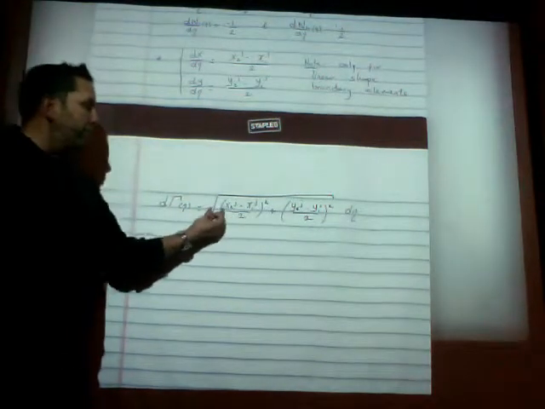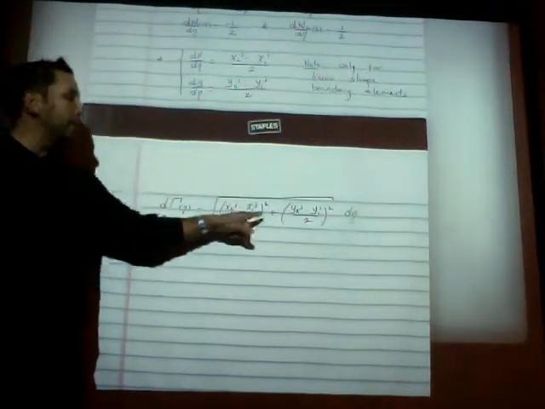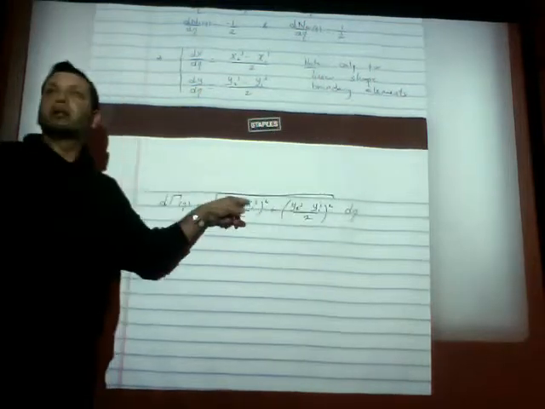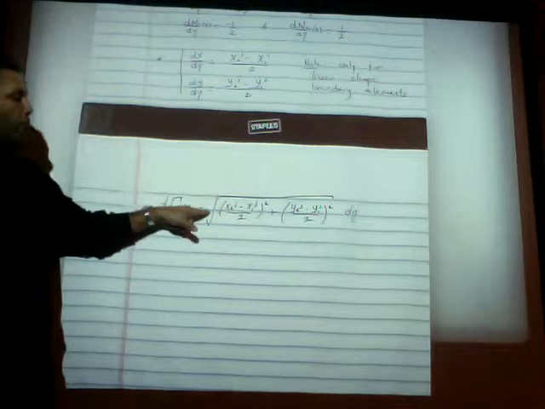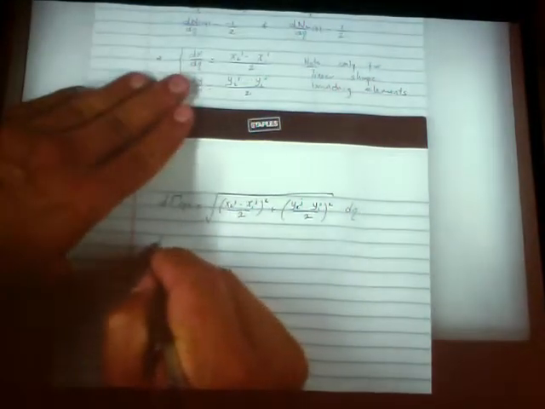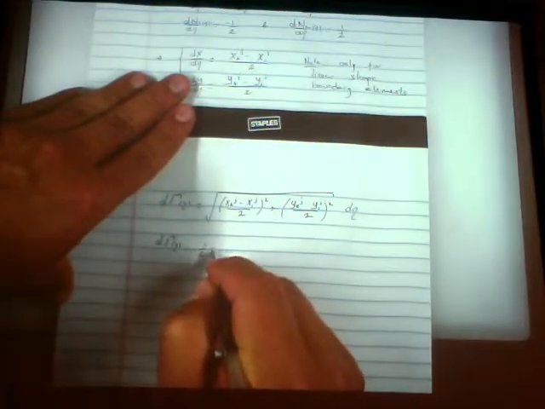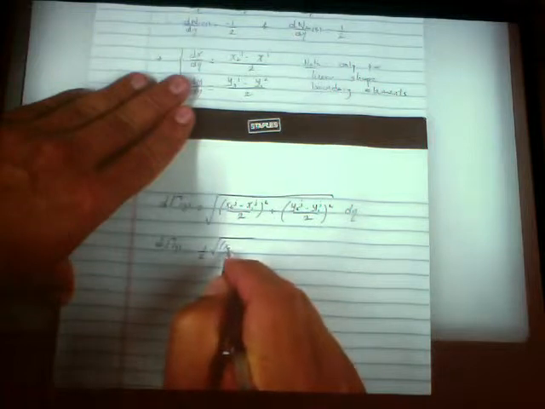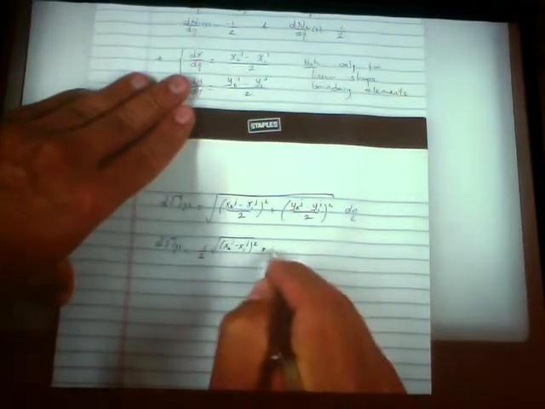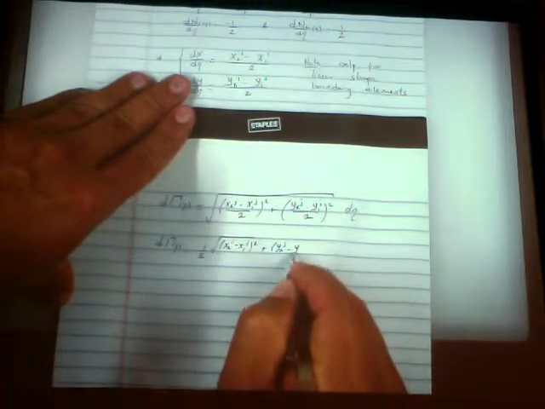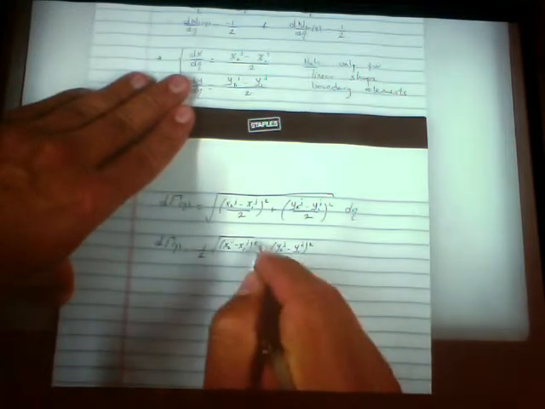Now I can take these 2s outside, right? This 2 I can take as a common factor, the 2 squared as a common factor, and then the square root of that is a 1/2 outside. So I end up with 1/2 of the square root of x2 minus x1 squared plus y2 minus y1 squared.